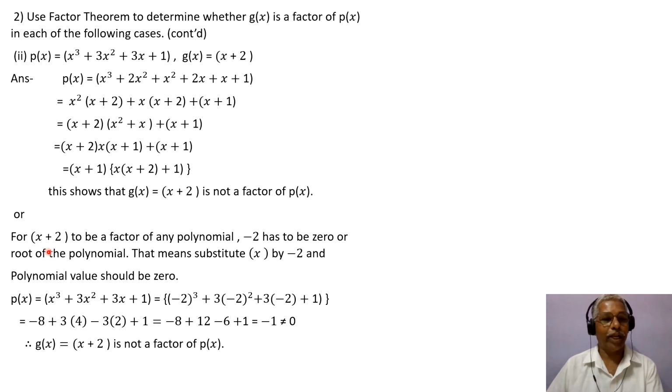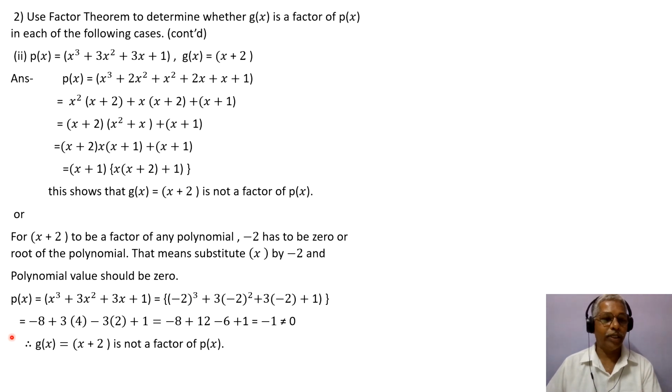So for x plus 2 to be a factor of the polynomial, minus 2 has to be 0 or a root of the polynomial. This means you have to substitute x by minus 2. We have seen this in many examples. So I'm substituting minus 2. Remember, the minus 2 sign is very important. So p(x) equals minus 2 cube plus 3 into minus 2 square plus 3 into minus 2 plus 1.